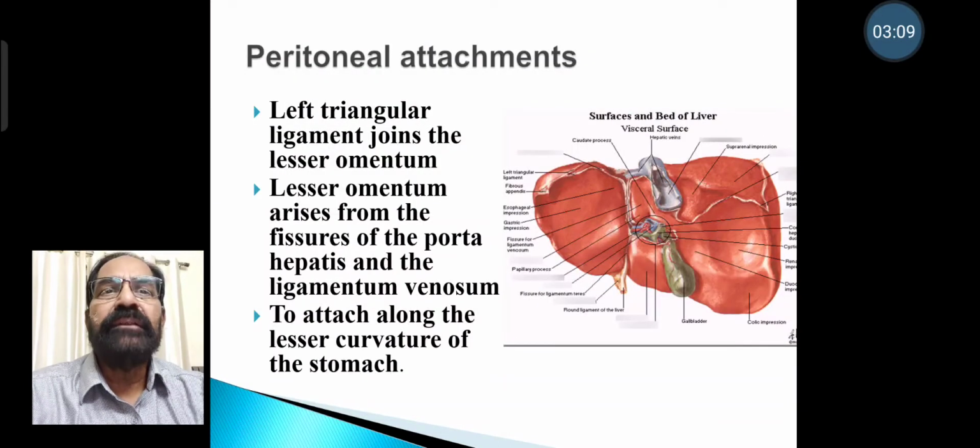Left triangular ligament joins the lesser omentum. Lesser omentum arises from the fissures of the porta hepatis and ligamentum venosum to attach along the lesser curvature of the stomach.